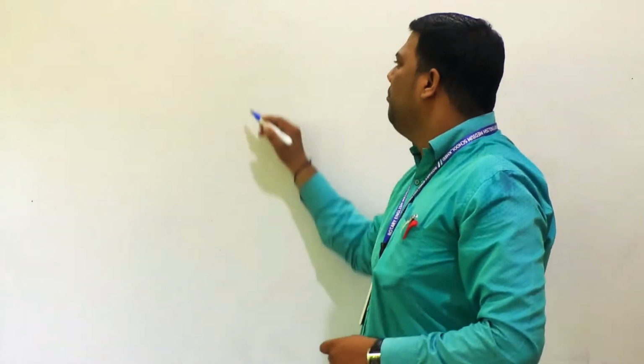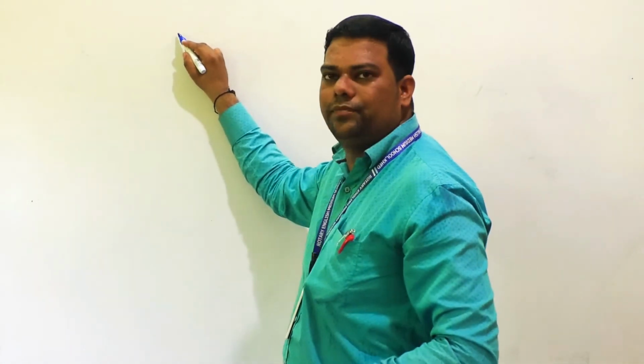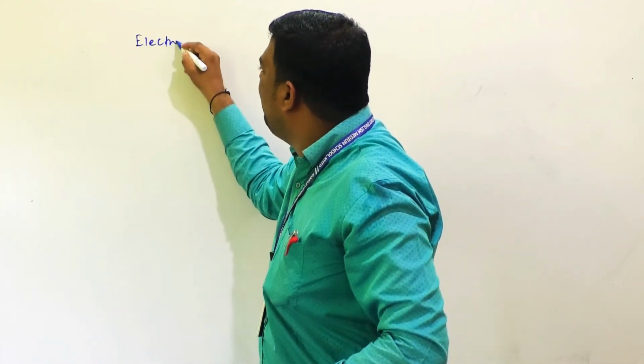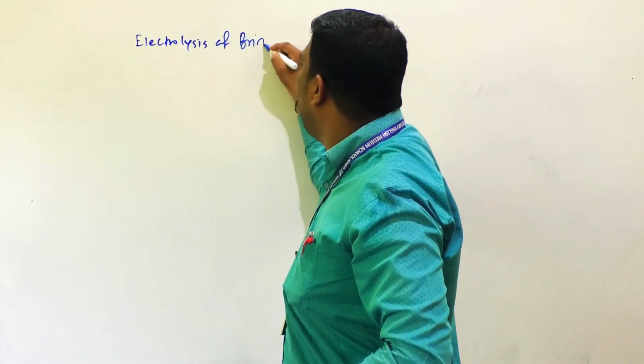Now we will discuss one important thing: how electrolysis of brine solution is important to us. For that we need to make one chart, one T diagram. So see here, for this electrolysis of brine, I am writing here electrolysis of brine.